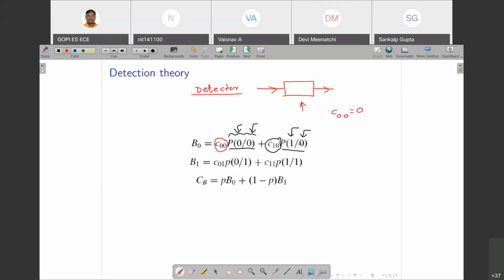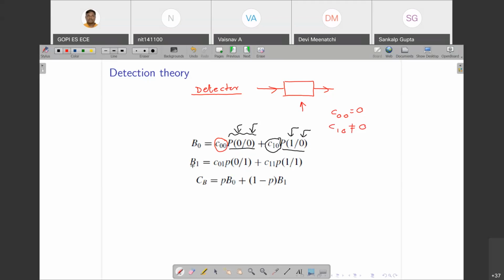But there is a penalty of saying 1 when 0 is transmitted. So C10, you have to give some value for it. It is not going to be equal to 0. Some other value we are going to fix, of course, less than 1.